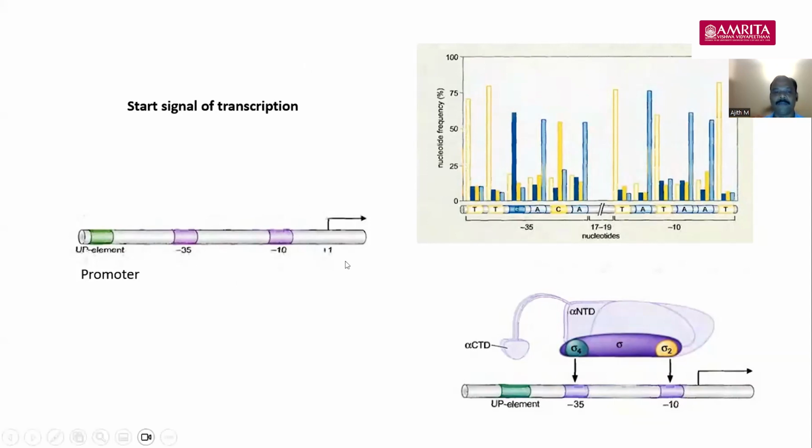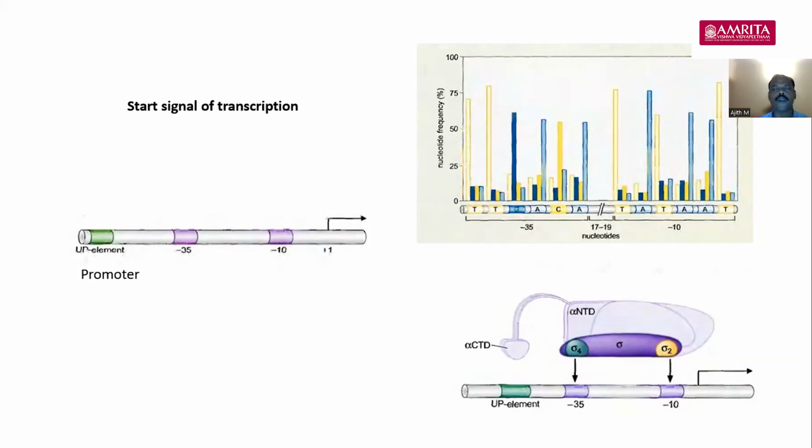Towards your right, you name it as plus. So with respect to what is it called -10 and -35? With respect to the point, the nucleotide which is transcribed first, the first nucleotide that is transcribed. So all the sequences that are waiting to be transcribed towards the right are called the downstream region. And everything that won't be transcribed, but which helps to initiate the transcription, is called the upstream region.